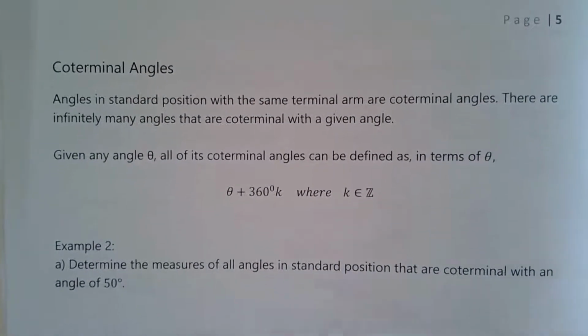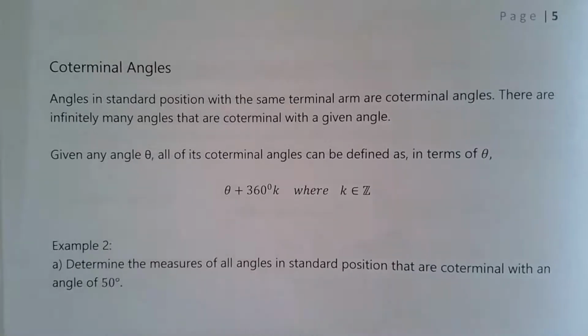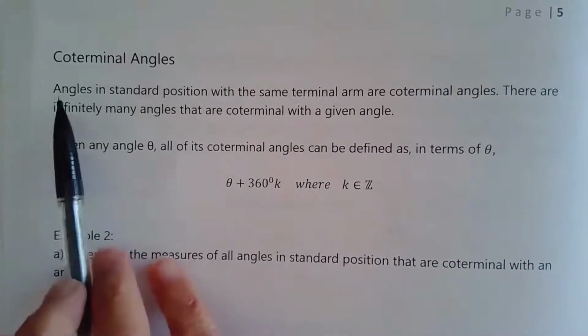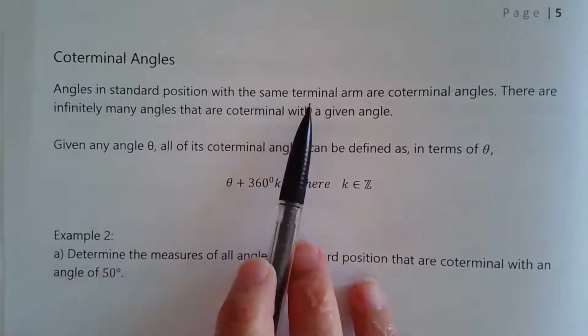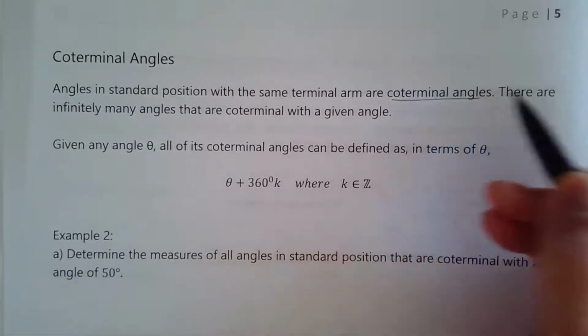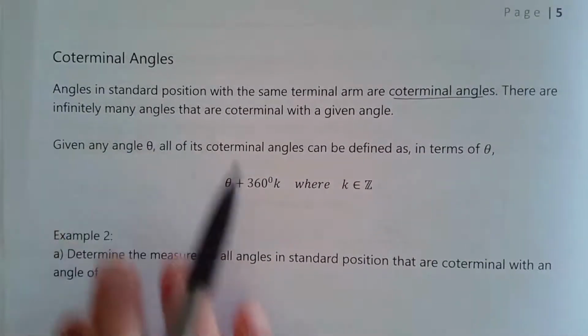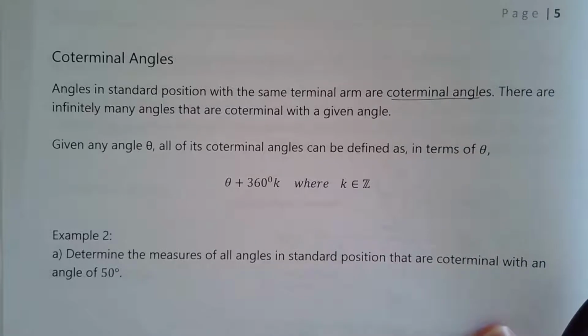So as it goes around, it could potentially stop in the same angle or same place. So angles in standard position with the same terminal arms are called coterminal angles. There are infinitely many angles that are coterminal with a given angle.